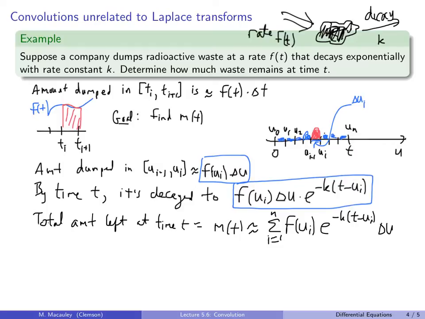You probably know what's coming next: instead of taking a finite sum, we let delta u go to 0.